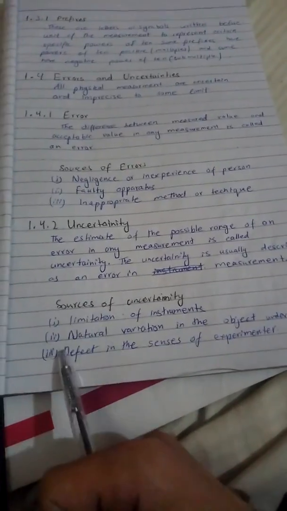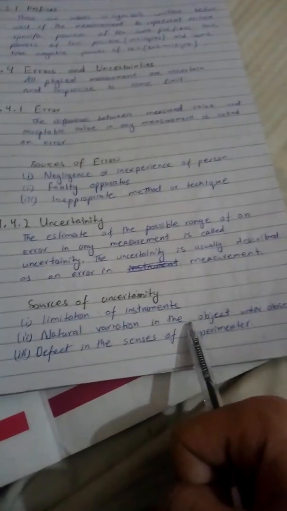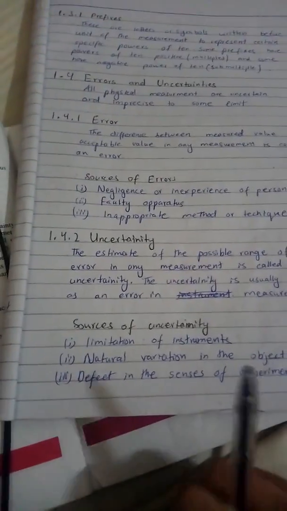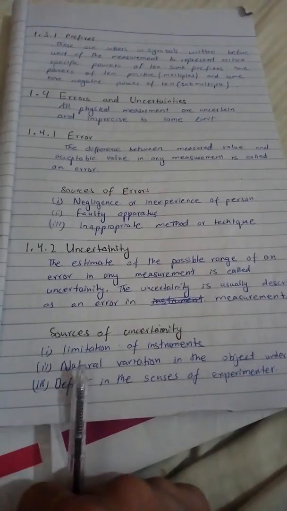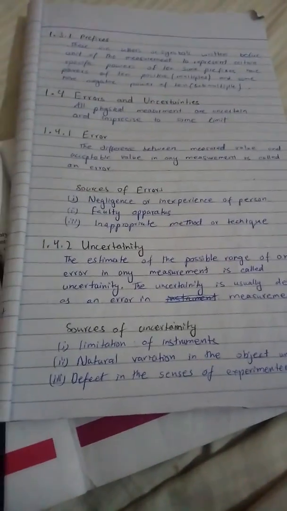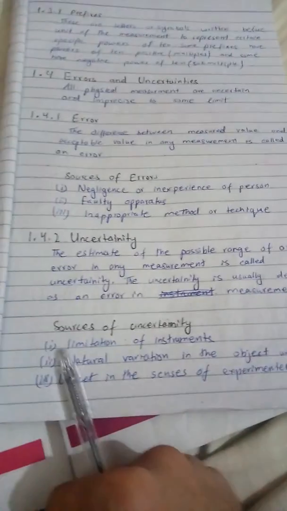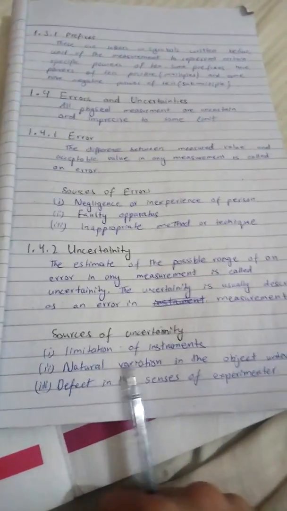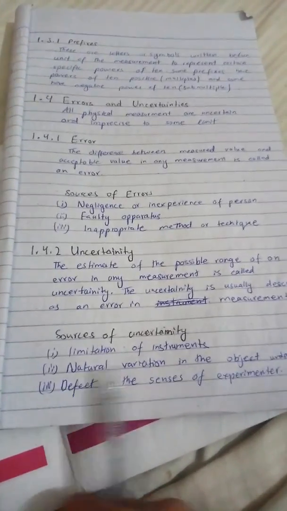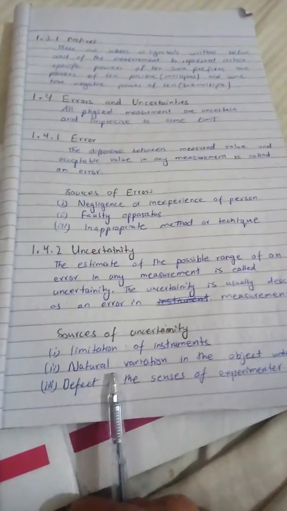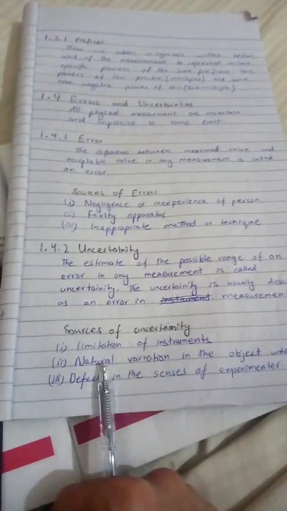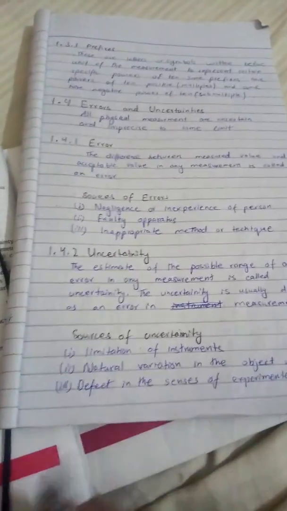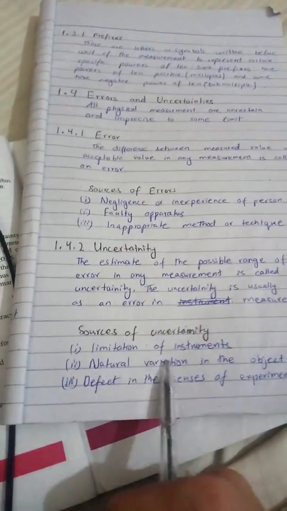The other source is natural variation in the object under observation. For example, measurement is just an observation, and in nature different things happen, like climate change, temperature change, atmospheric pressure, wind blowing, humidity, and all those variables which lie in the environment.